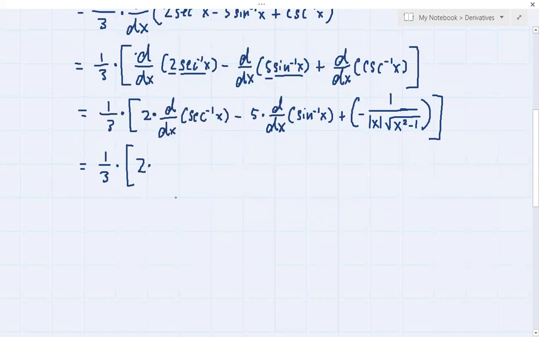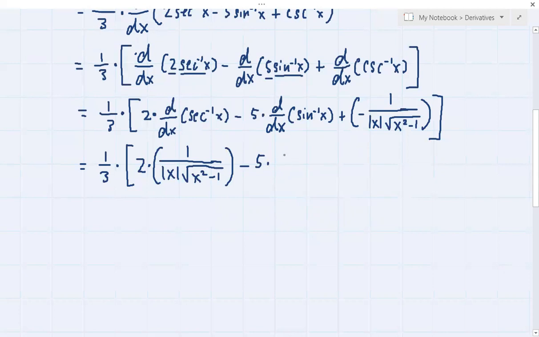Therefore, si arcsecant, siya yung positive. Okay? So, magiging quantity 1 all over the absolute value of x times the square root of x squared minus 1. There you go. Minus 5 times derivative ng arc sine.